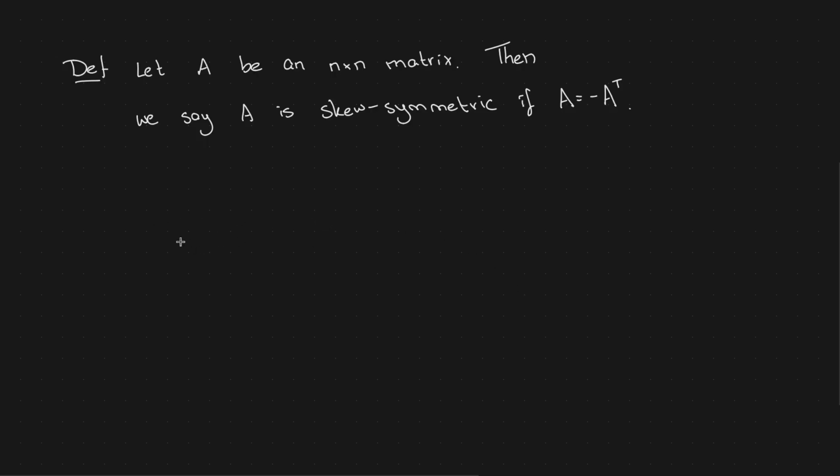Okay, so in this case, let's let A be the matrix 0, 3, 4, negative 3, 0, negative 1, negative 4, 1, 0.